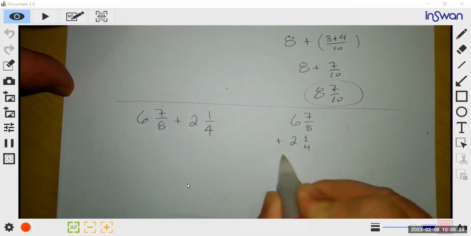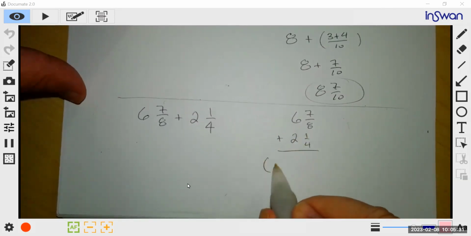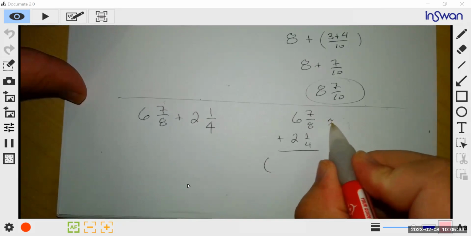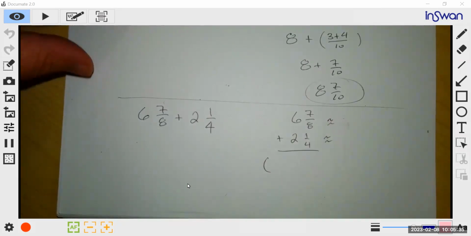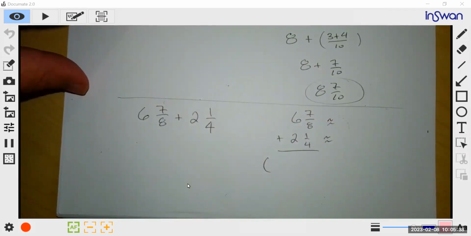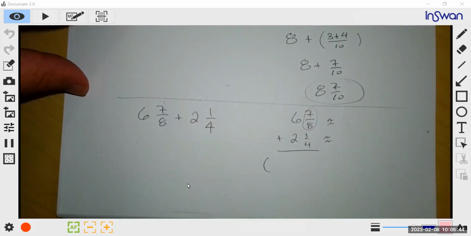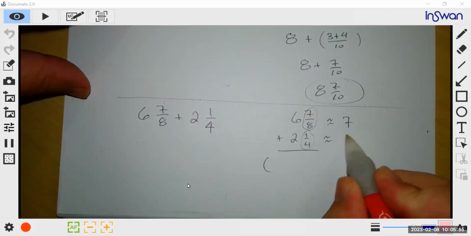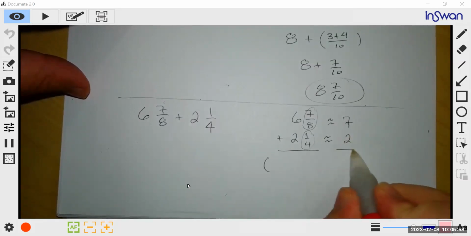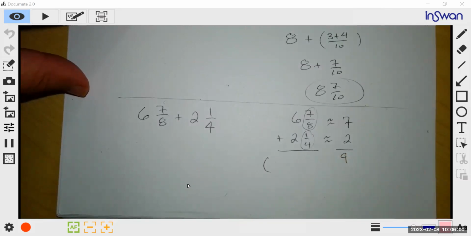I mean, we don't have to. It's just we add the numbers. Well, first off, 6 7/8. Do we go up or just drop the decimal? Is 7/8 bigger than 0.5? Yeah, so this one goes up to 7. 1/4. Is that bigger than 0.5? No, so we just drop it. We stay down at 2. So this answer should be around 9.